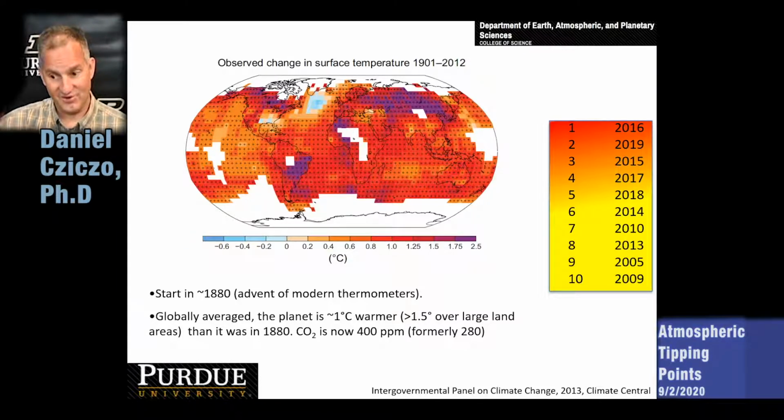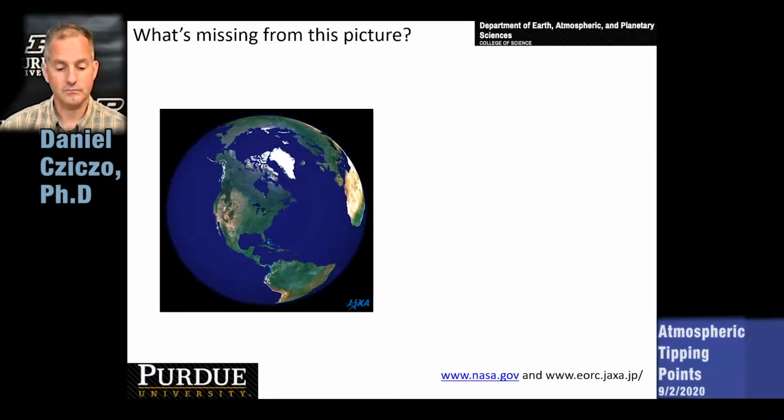So a year like 2009 is going to get pushed out of the top 10, and we're going to slide in 2020. So it continues to warm and continues to get warmer, tracking that abundance of CO2 in the atmosphere, which is completely in keeping with the science that has been done since the mid to late 1800s. So none of this is new, none of this is unexpected at this point.